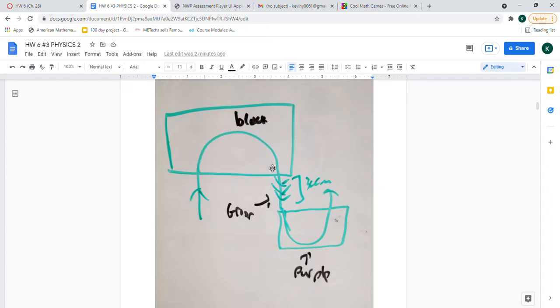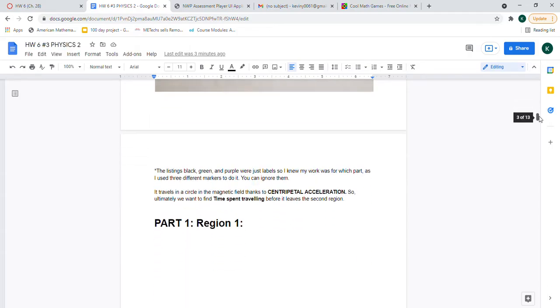It will experience centripetal force. If you don't know that, you need to review your lectures. In between the gap, it will speed up. We're told this. But there is no magnetic field, no fancy force here. And then here, in the second region, it does the exact same thing. So, we ultimately want to find time.